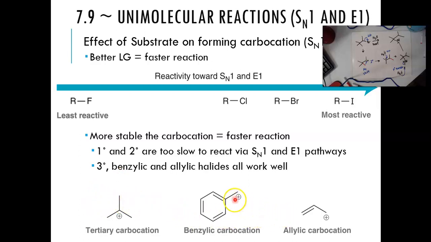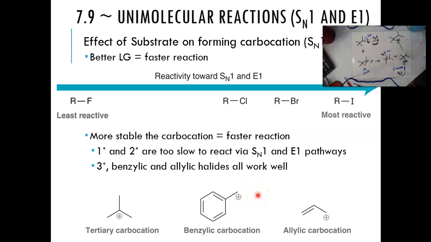Benzylic is when that carbocation is next to the ring, and allylic is when the carbocation is next to a double bond. With both of these, even if they're primary, they have a lot of resonance to help stabilize them. So primary, secondary, or tertiary, benzylic and allylic will all work well for this.